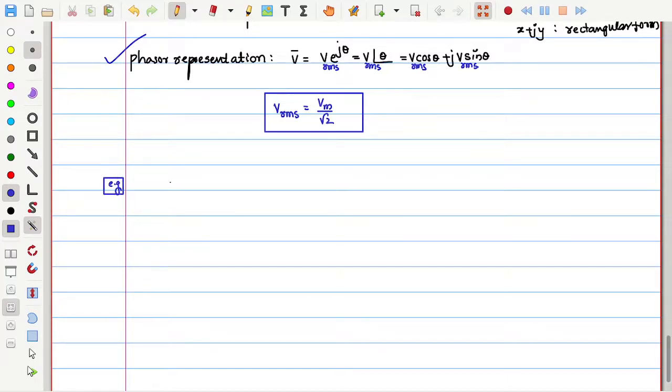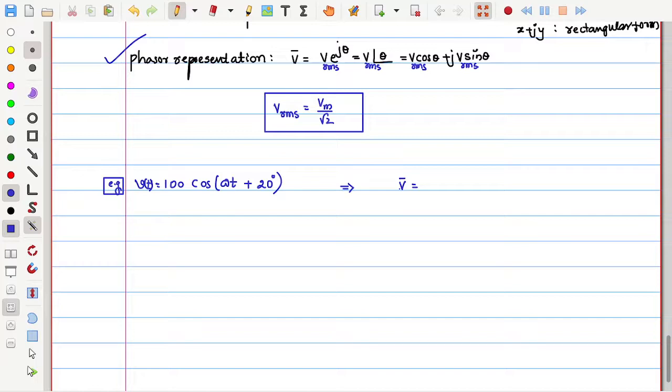Let us say V of t is 100 cos(omega t plus 20 degrees). Can you put this into phasor form quickly? V bar is equal to, how much is the amplitude? 100, but 100 is the peak value.